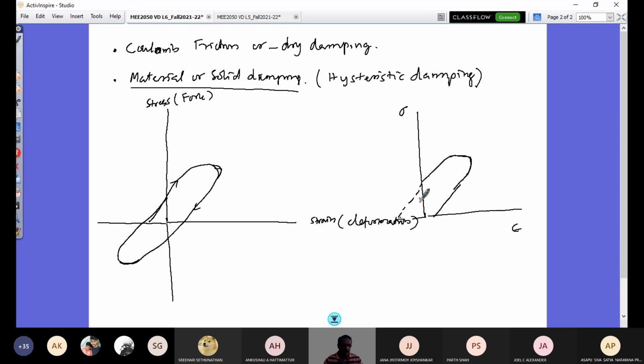And let's name this point as A and this point as B, and this point, projected point here down D, and this point as C. So if you look at in this ABD, the area under this ABD, entire thing, is what is called energy expended.